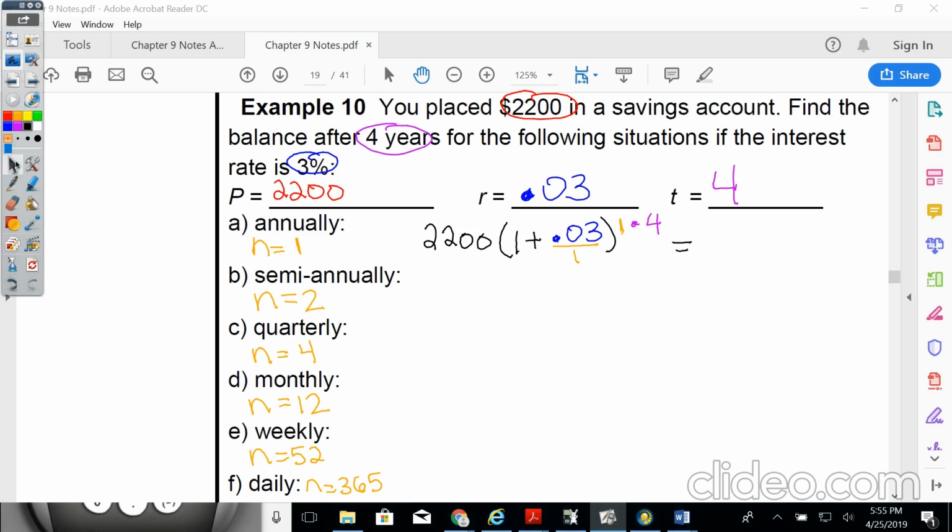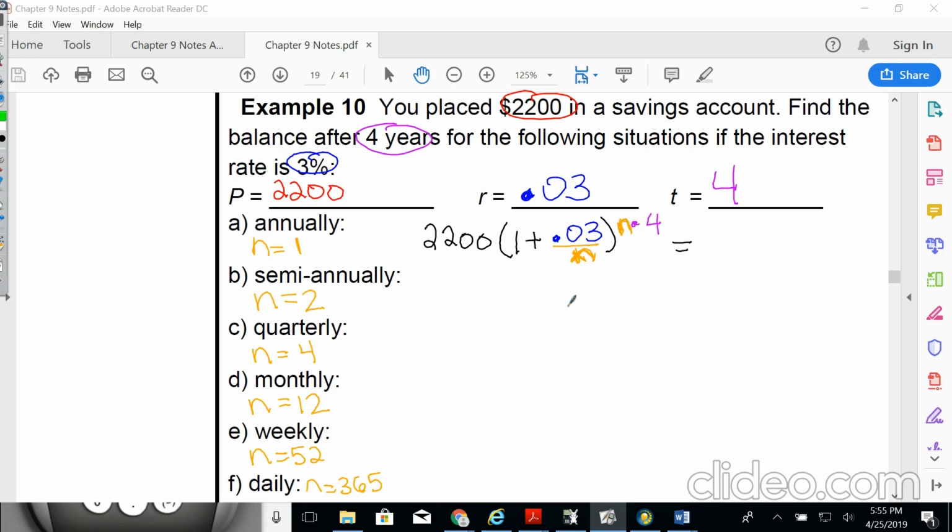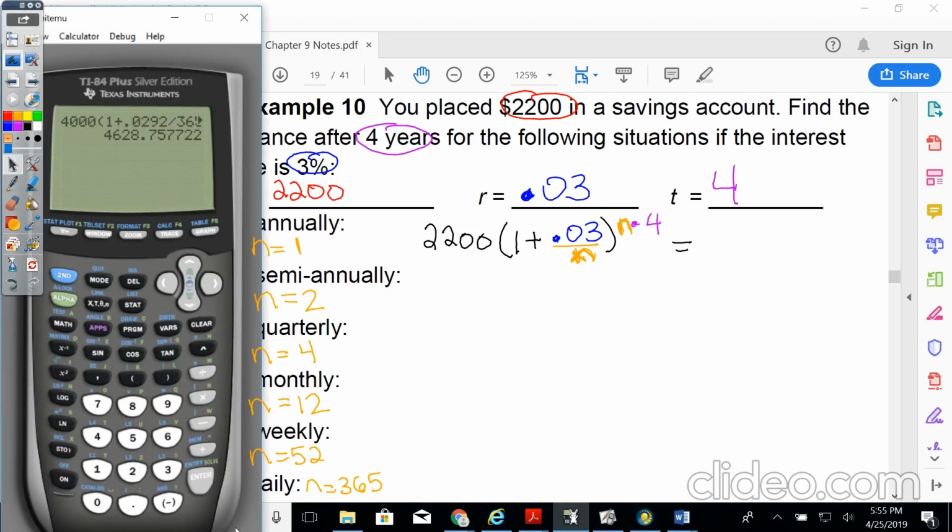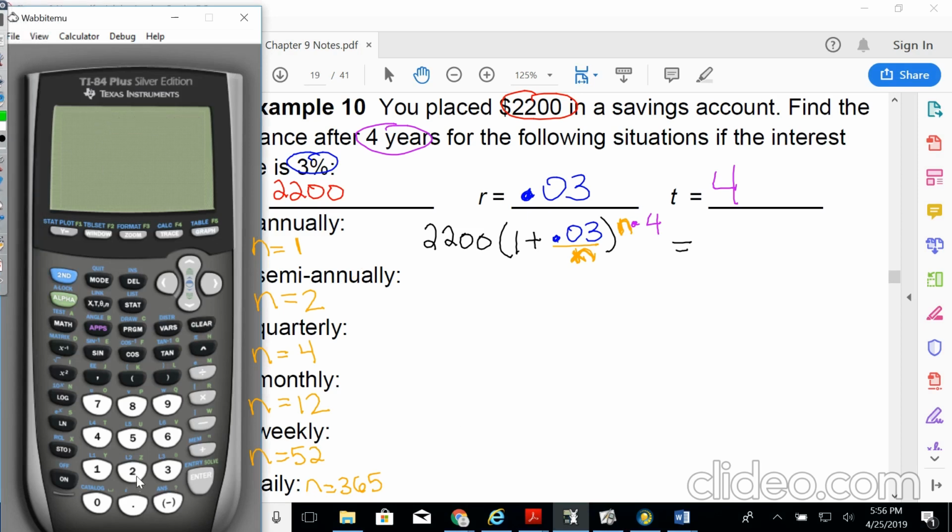And really, if you just want to put an N here, N and N, it's going to be the same equation for all of them. You're just plugging in different numbers for N. So you can copy and paste in the calculator. So 2,200 times 1 plus 0.03 divided by, in this case, N is 1, to the 1 times 4 exponent.